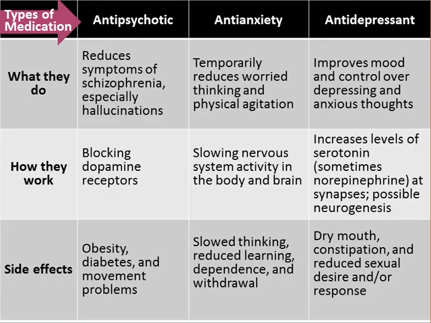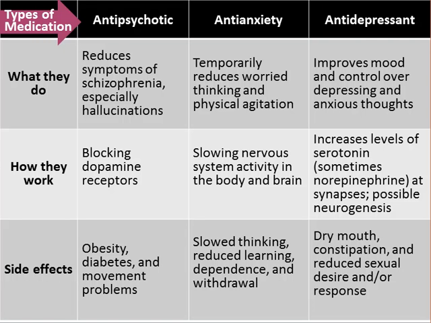Anti-anxiety medicines, what do they do? Temporarily reduce worried thinking and physical agitation. How do they work? By slowing nervous system activity in the body and brain. The side effects: slowed thinking, reduced learning, dependence, and withdrawal. Antidepressants, what do they do?